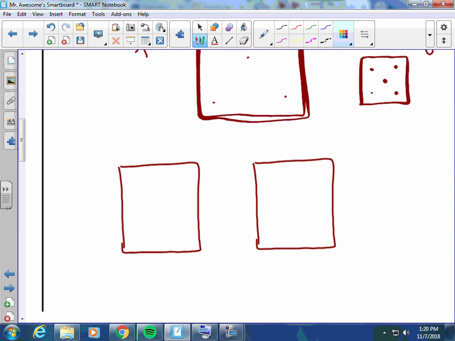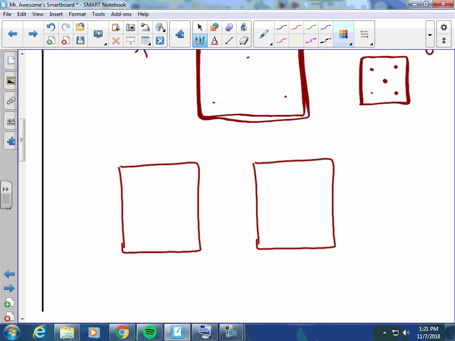How are we going to show different densities in the same volume? Anybody that hasn't volunteered yet? How are we going to show different densities with the same volume? Sammy? Different amount of particles.